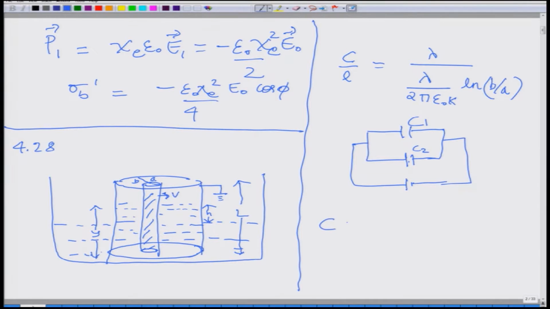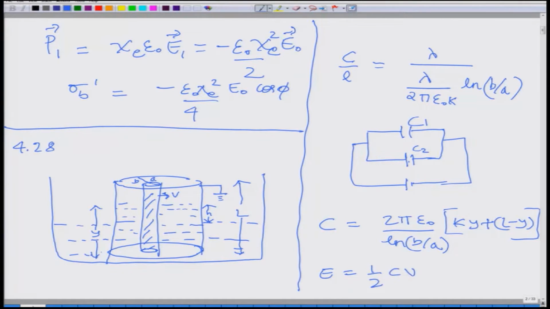So the total capacitance therefore will be given by Ky plus L minus y. Once we have the capacitance, we know that the energy stored in the capacitor is half Cv square.